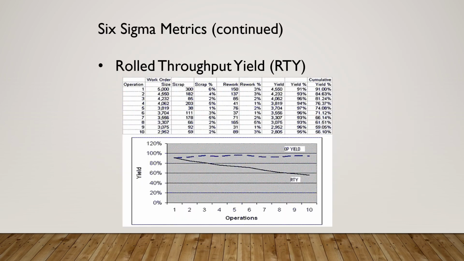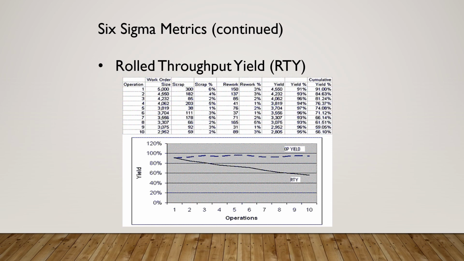Knowing how to calculate DPU and DPMO is fine, but most companies want to know the total yield throughout an entire process. Rolled throughput yield, RTY, is just the metric we need to define this. There are two ways to calculate RTY, one that includes rework and one that ignores it.